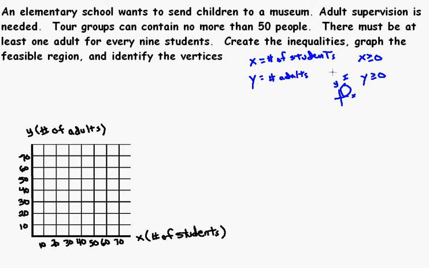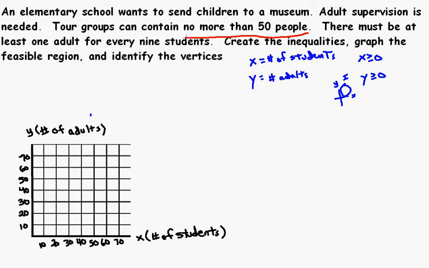Alright, now let's look at the restrictions. How many restrictions are there? I see 2. I see that there can be no more than 50 people.